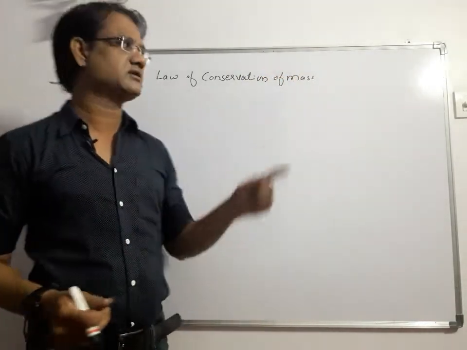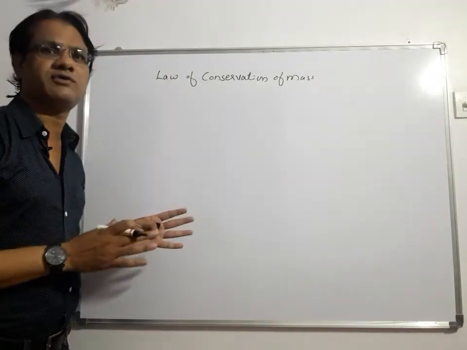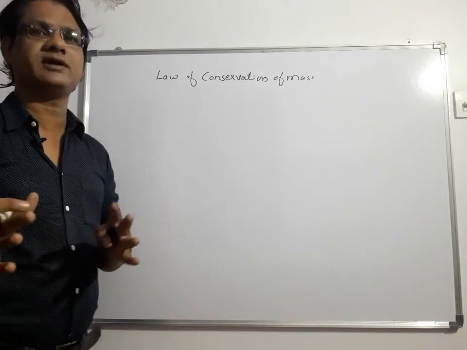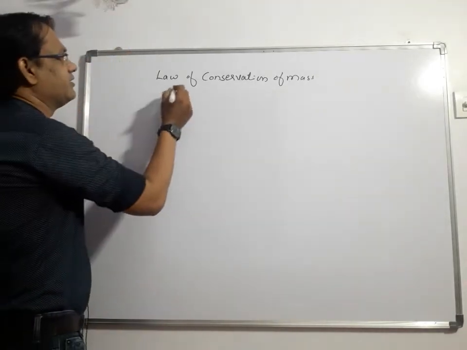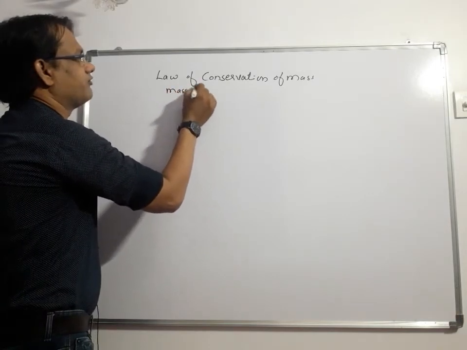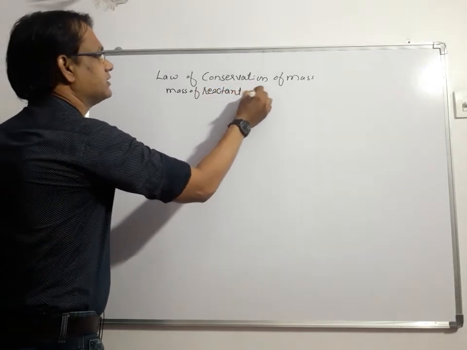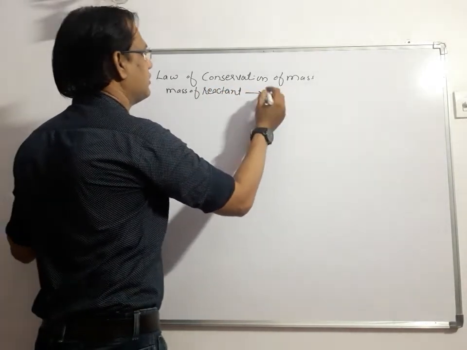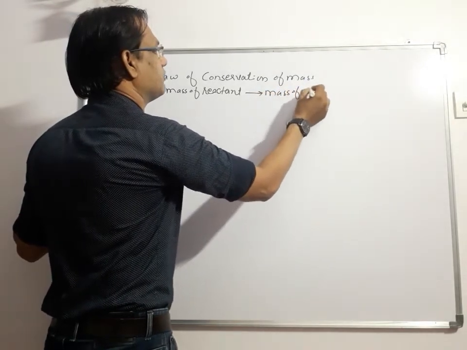You know about this law, that according to this law the mass of a reactant is entirely converted into the mass of the product. In a different way we can say that the mass of a reactant is equal to the mass of product.